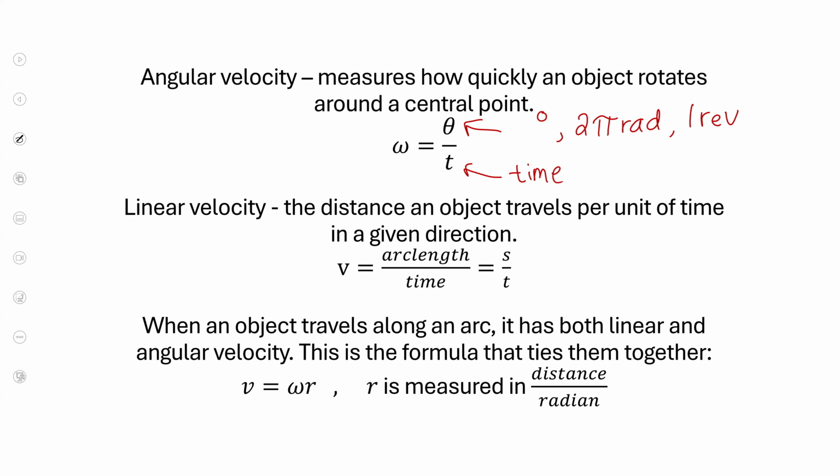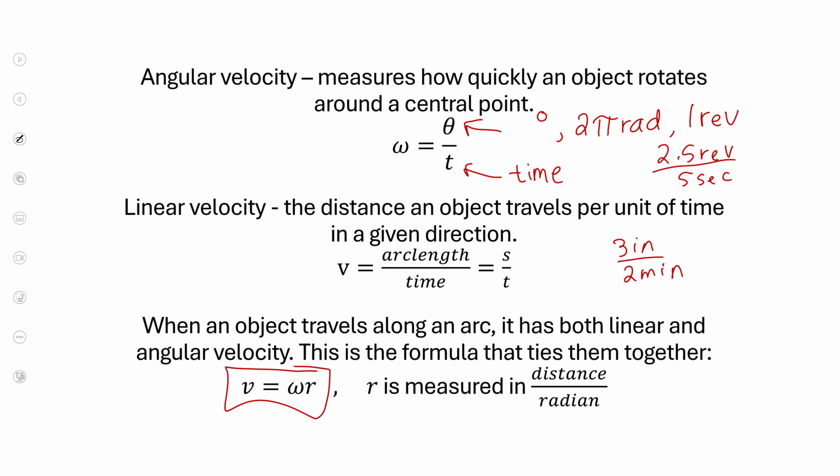Linear velocity is the arc length over time. So for example, it could be 3 inches in 2 minutes. This can be 2.5 revolutions in 5 seconds, okay? Those are some examples of what they might look like. Now, we're going to be combining these 2 concepts in this equation here.